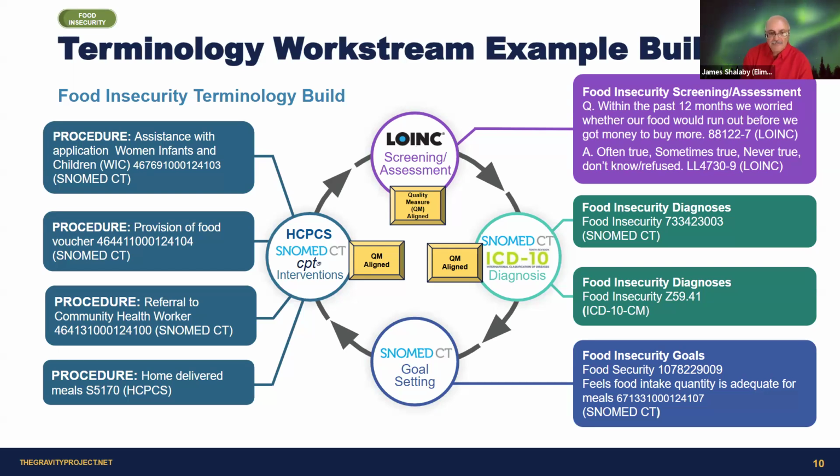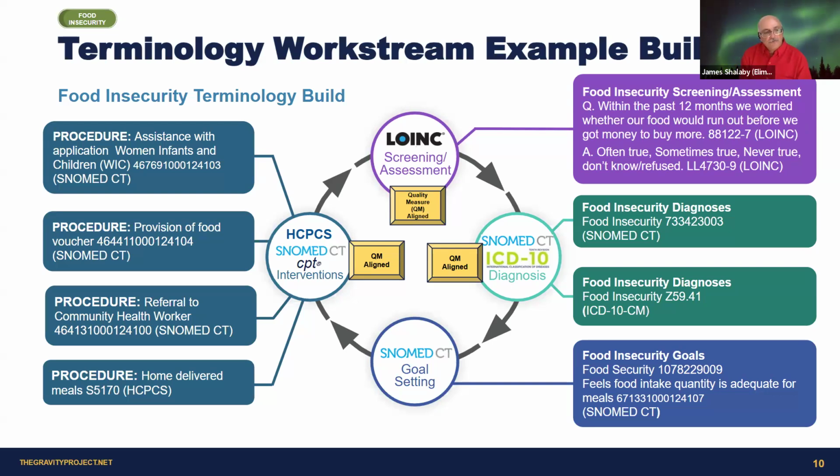There's a screening and assessment, there's the diagnosis, then setting of goals, then interventions including referral for additional screening and assessment, provision of services. And all of those are supported by standard codes, standard value sets and terminologies by domains, by different social determinants of health domains. So food insecurity, housing insecurity, and so on all have their own individual value sets.